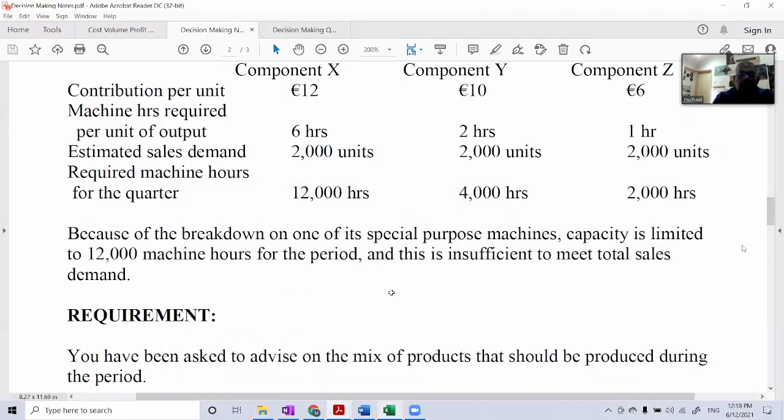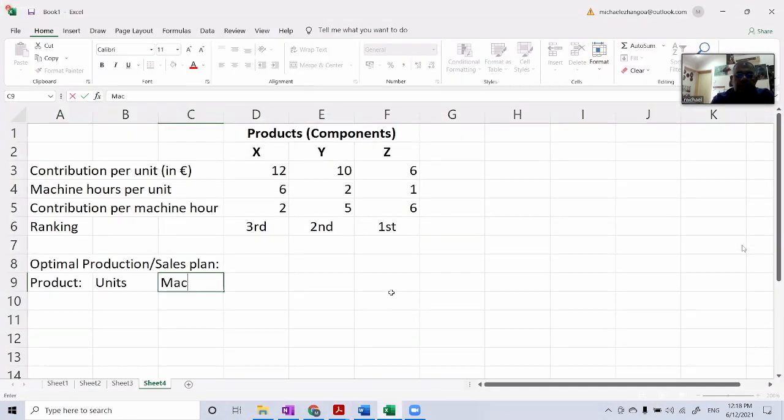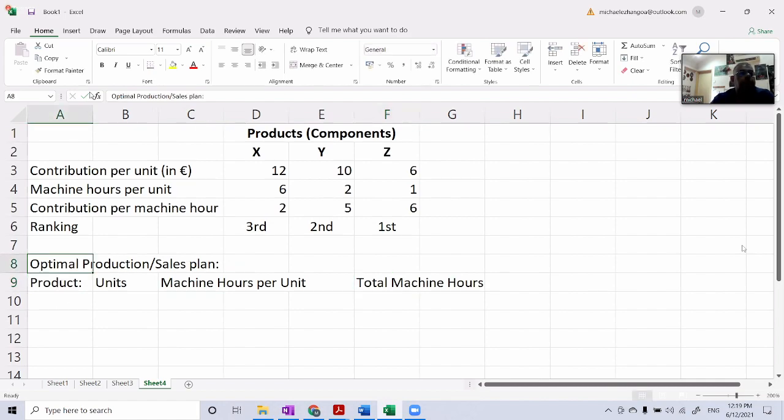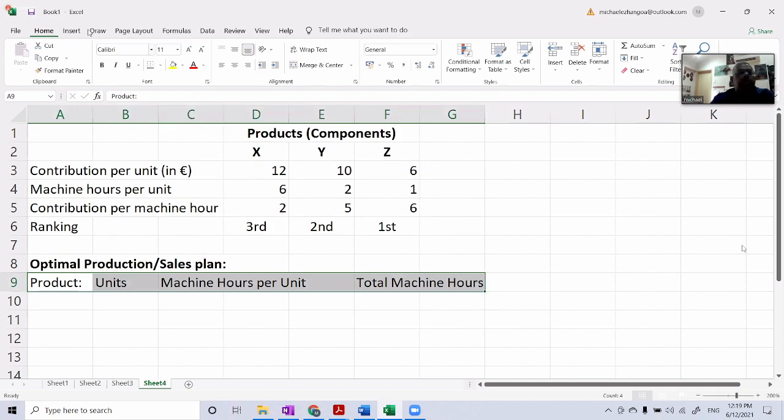Yeah, machine hours per unit. Total machine hours. All right, now all these are headings, so I'll make it bold.